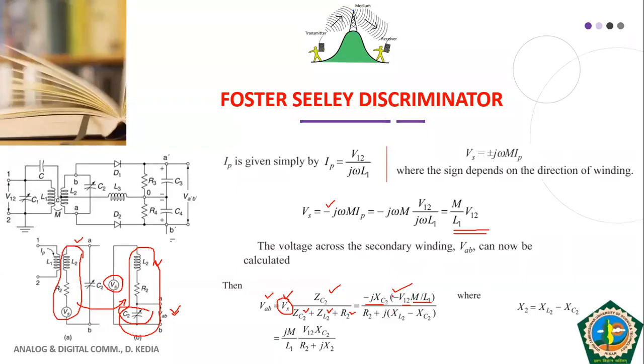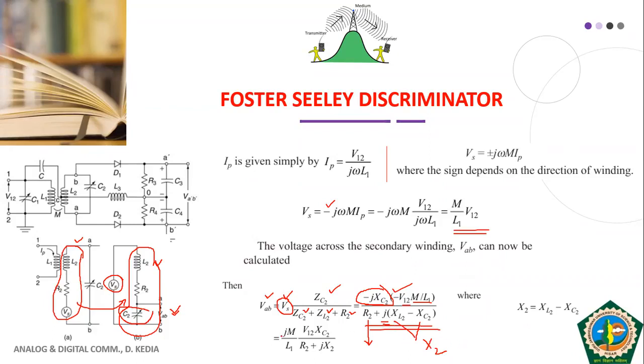So this is your Vs, this is your ZC2, and in the denominator we have R2, that is resistance, and then since we have an inductor and a capacitor, we have the complex j present in it. So here we have j(XL2 minus XC2), and we can represent this XL2 minus XC2 as X2 also. So in short, you can write this as R2 plus jX2.